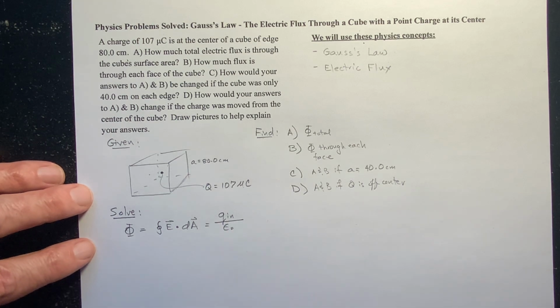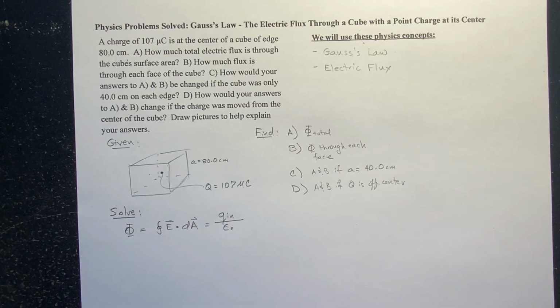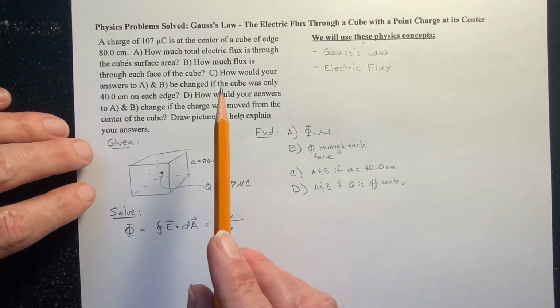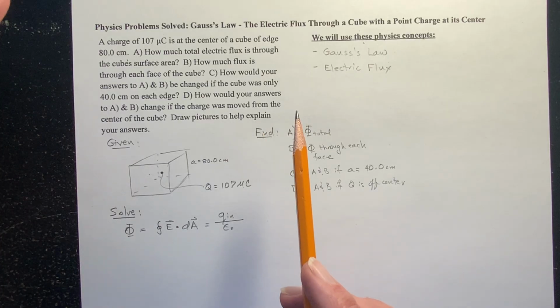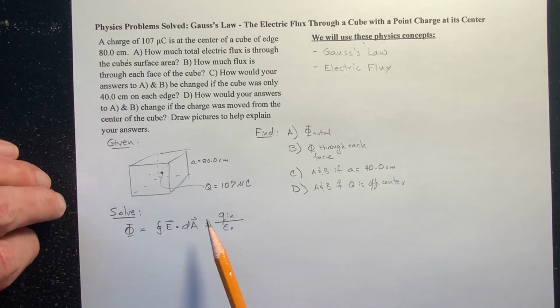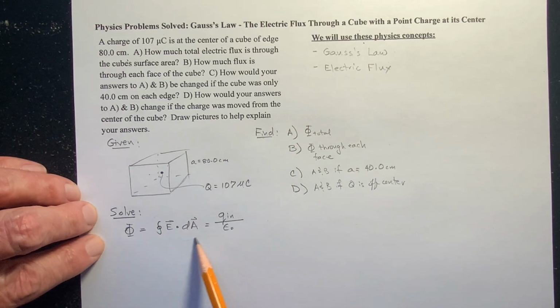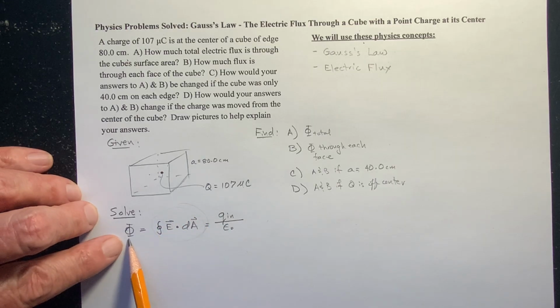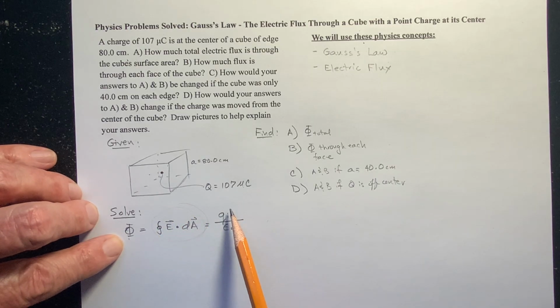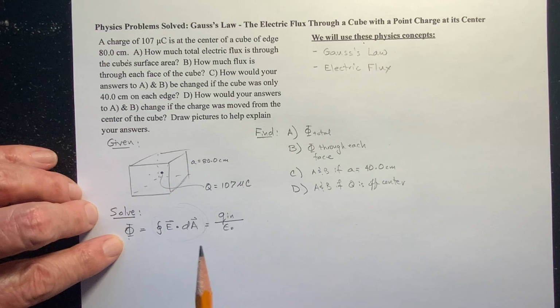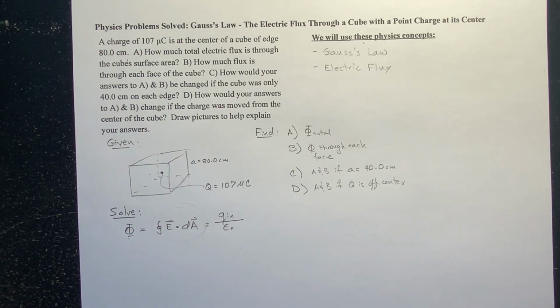Now here's a hint. Sometimes if you're taking the AP test or tested in college or wherever you are, if they ask for the amount of flux, quite often you're not going to have to use this middle part right here. You're just going to say, hey, the total flux is equal to the charge enclosed divided by epsilon naught. This is the permittivity of free space, just a constant of nature.